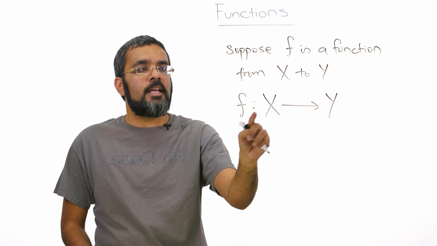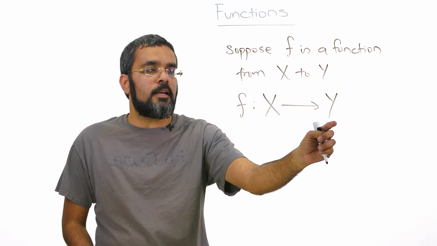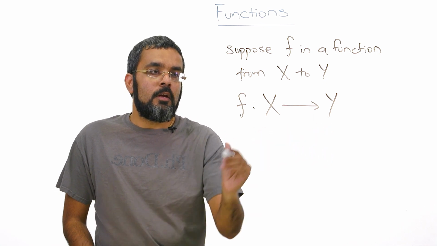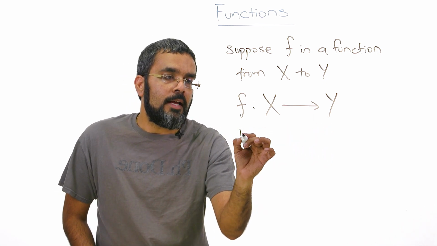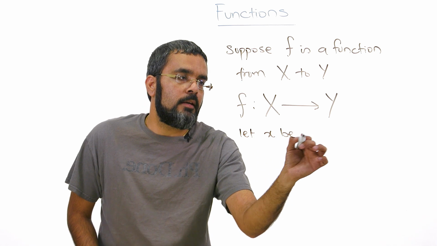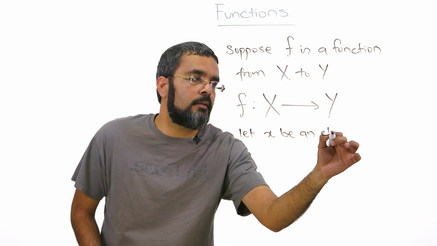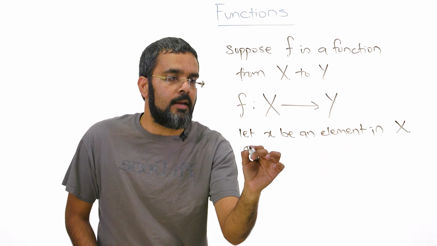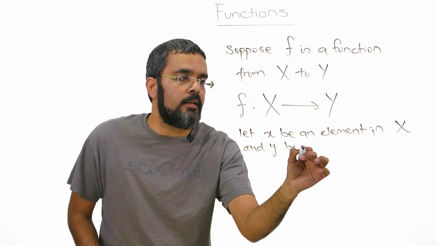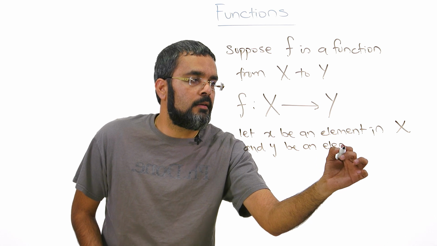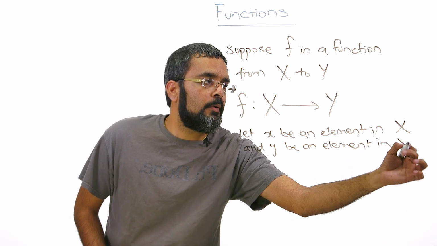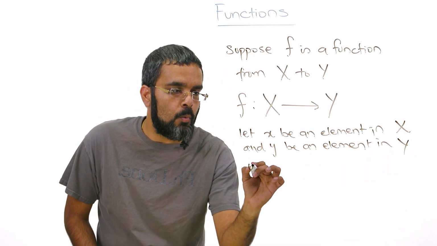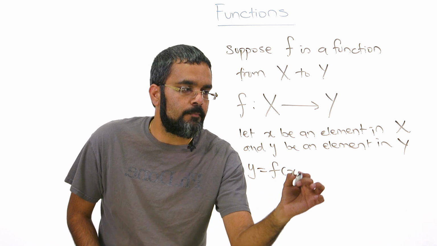So f takes elements from x and assigns each a unique element in y. So let x be an element in capital X and y be an element in capital Y. Then we say that y equals f(x).